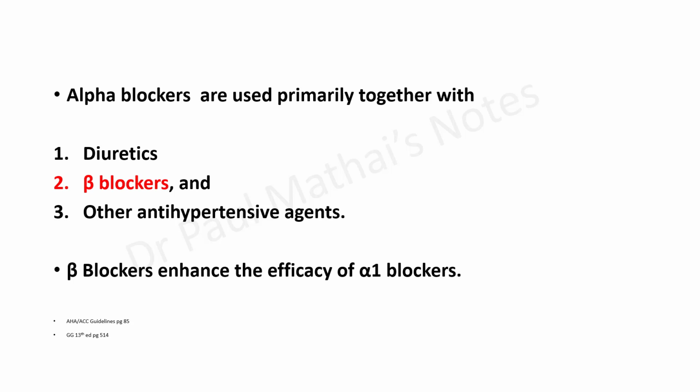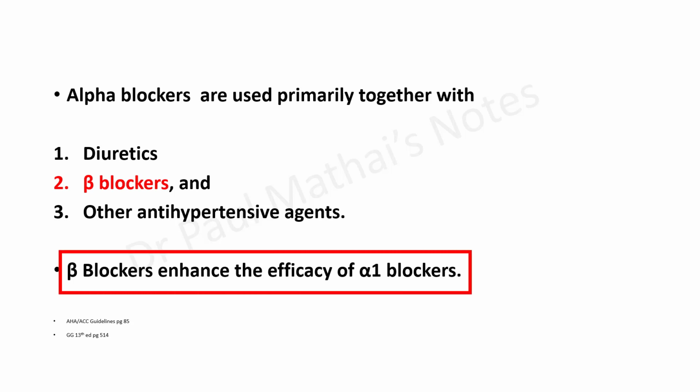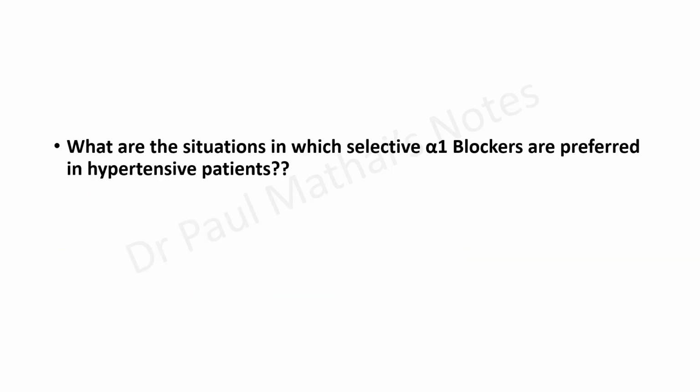When we use alpha blockers for hypertension, they are usually combined with diuretics, beta blockers, and other antihypertensive agents. In fact, beta blockers enhance the efficacy of alpha 1 blockers. Now, we need to know what are the situations in which selective alpha 1 blockers are preferred in hypertensive patients.